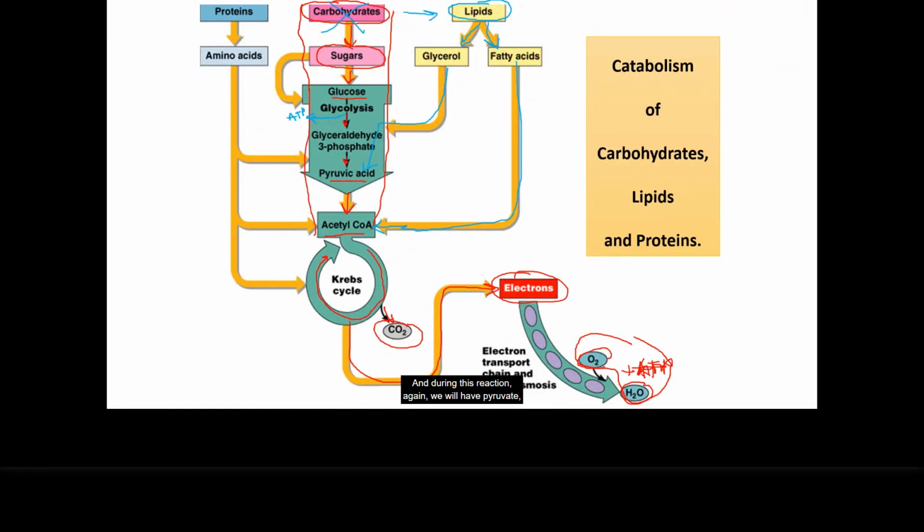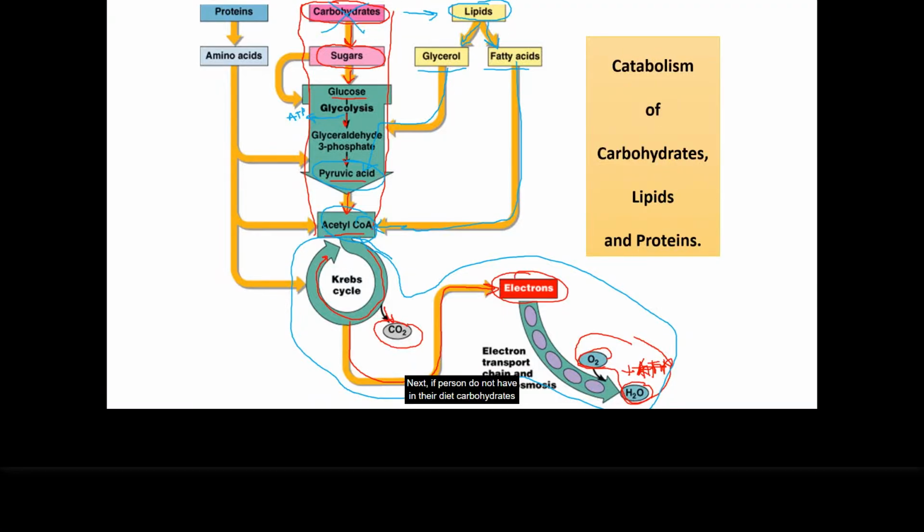And during this reaction, again, we will have pyruvate, we will have acetyl-CoA molecules produced from the glycerol and fatty acids, and they will then be used the same way as in cellular respiration to produce energy, but we will have less energy because of that.